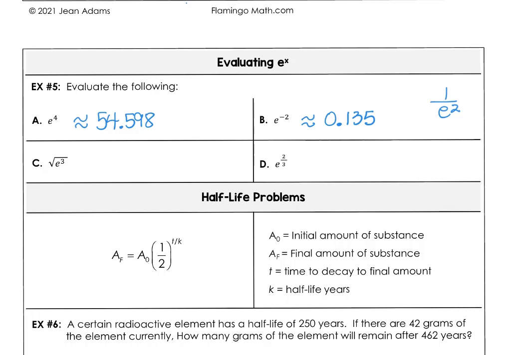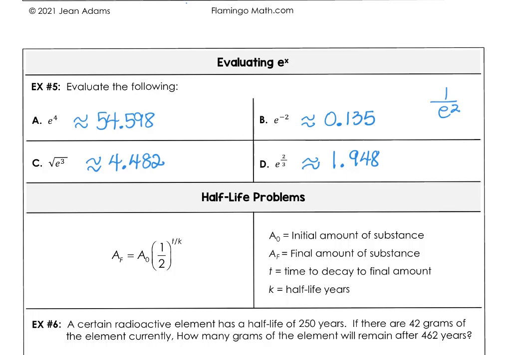The square root of e cubed is about 4.482, or 482 thousandths. And e to the 2/3 is 1 and 948 thousandths.